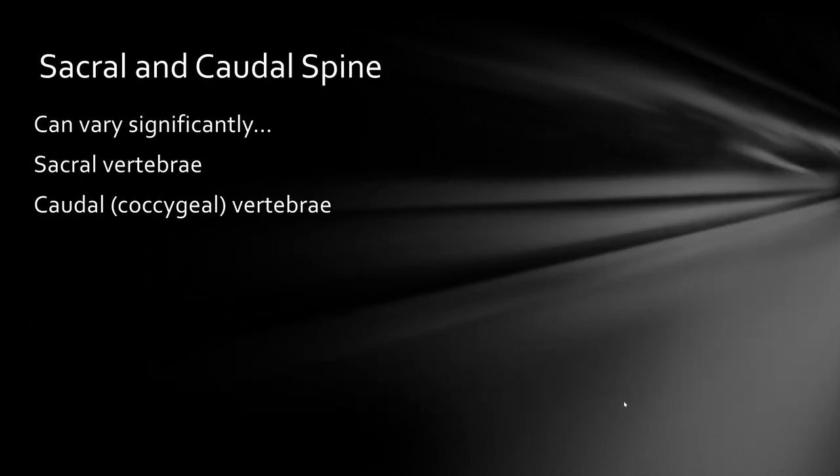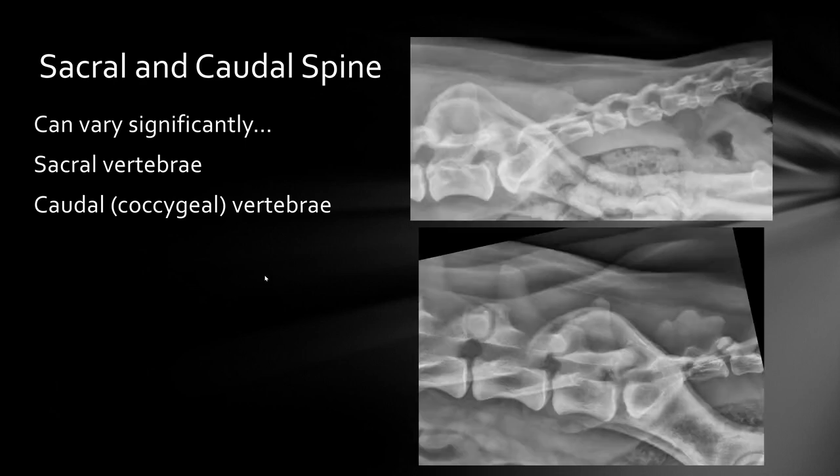This brings us to the most caudal aspect of the spine, the sacral and caudal spine, and those can vary quite significantly in their appearance. So in most animals, we do have three sacral vertebrae that are fused, although as you just saw in the cat, it may be incomplete ossification or only two sacral vertebrae, or four when the first caudal vertebra is fused.